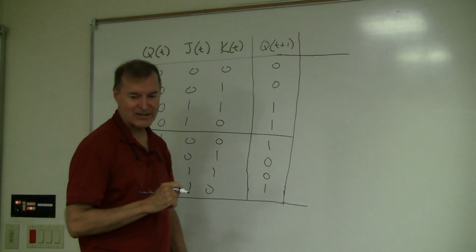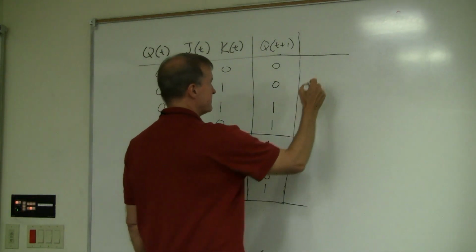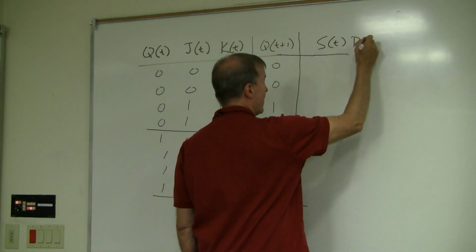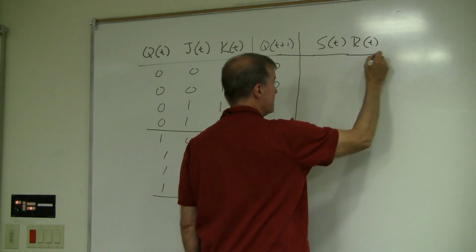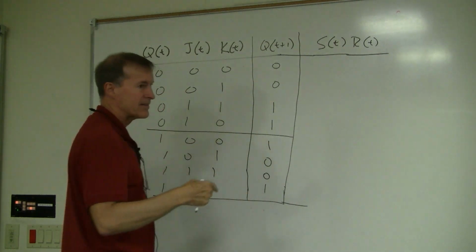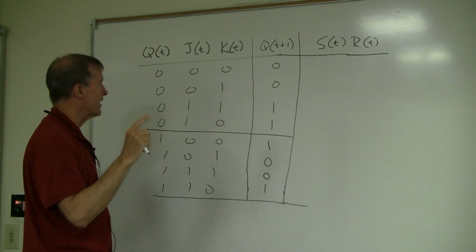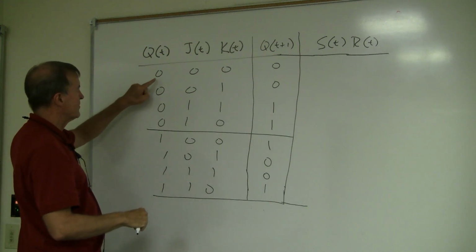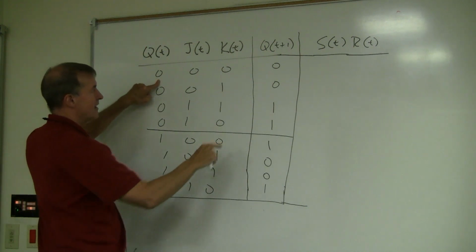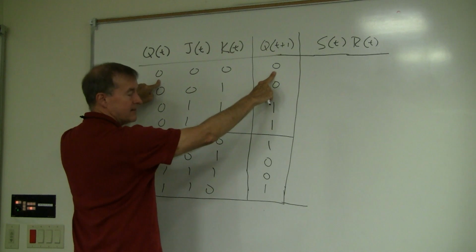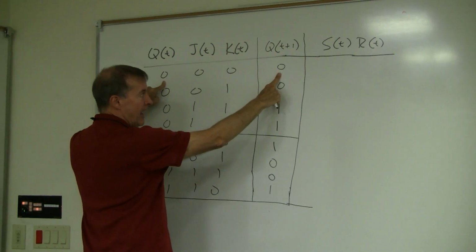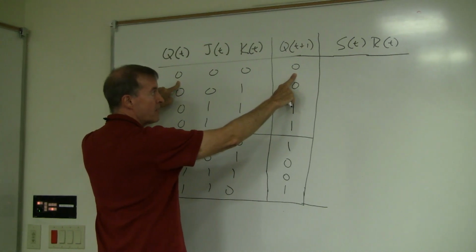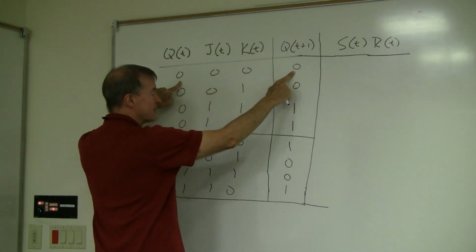Now, you guys, here's the question. What must S at time t and R at time t be in order to make this transition? Now, this is kind of tricky. What we have to do is look at the initial state and the final state, and go back to that excitation table and ask ourselves what S and R must be in order to do this.